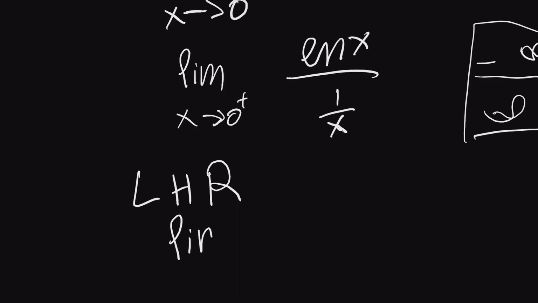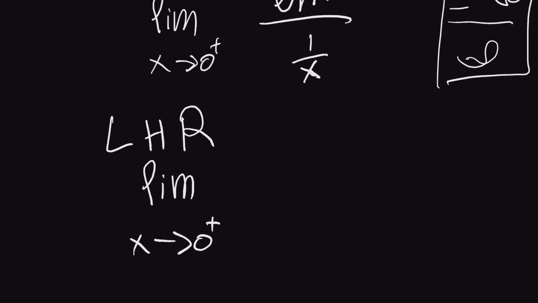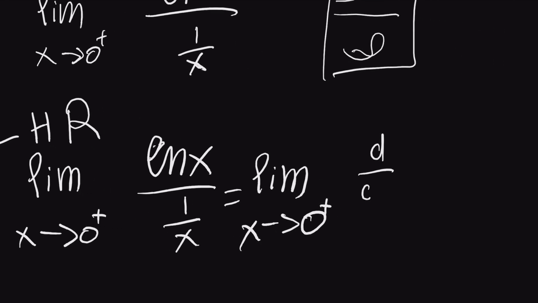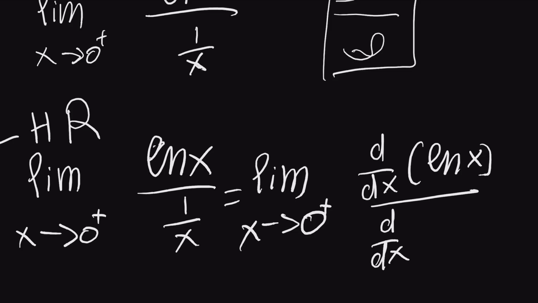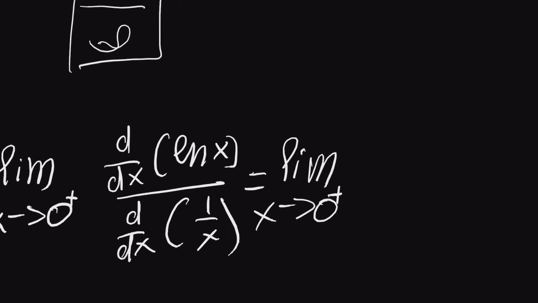L'Hopital's rule tells us the limit as x approaches 0 from the right of the natural log of x divided by 1 over x is equal to the limit of the derivative of the natural log of x divided by the derivative of 1 over x. The derivative of the natural log of x is 1 over x, and the derivative of 1 over x is negative 1 over x squared.